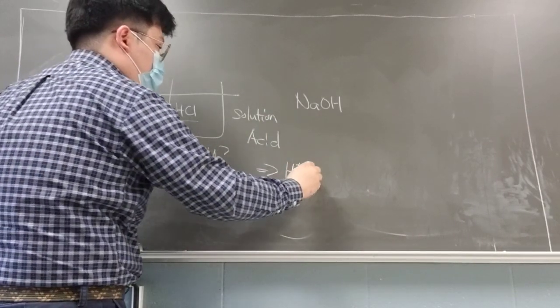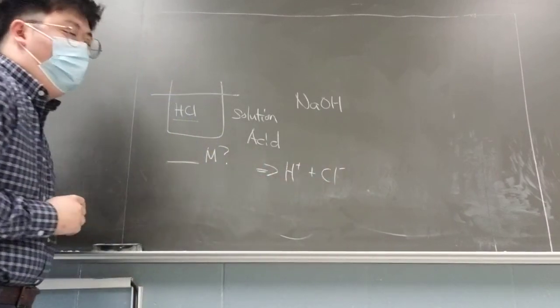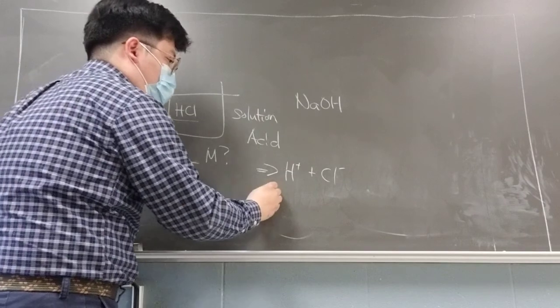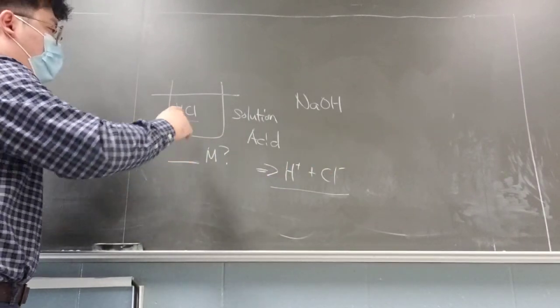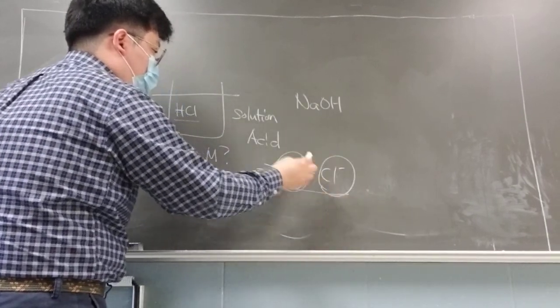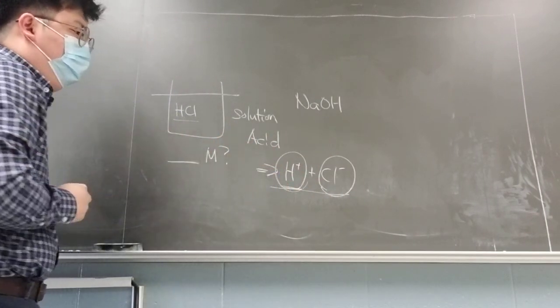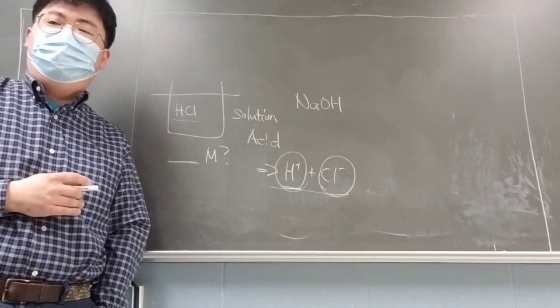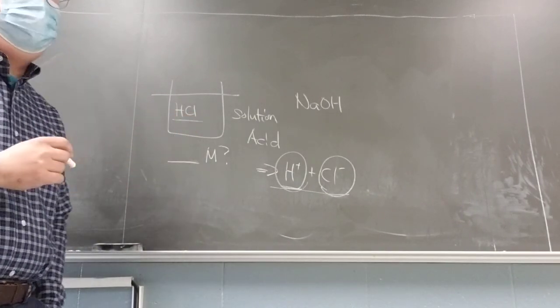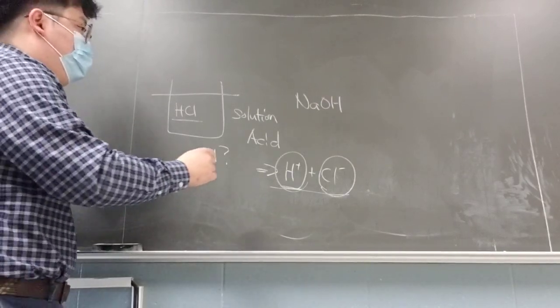Hydrogen cation in the water. So when it goes in the water, it will be hydrated or solvated in the solution. So they're going to give us these two ions, and one of them is the proton, which is the hydrogen cation. This is why whenever you have an HCl solution, it will be very highly acidic. So this is our acid here.